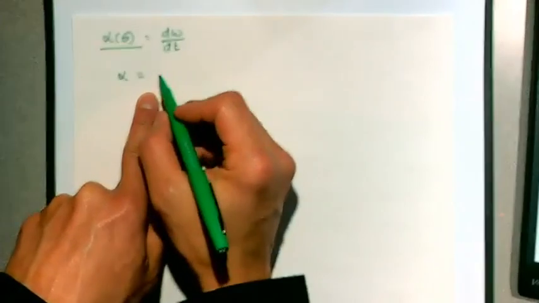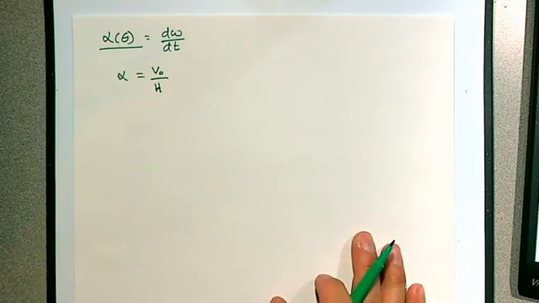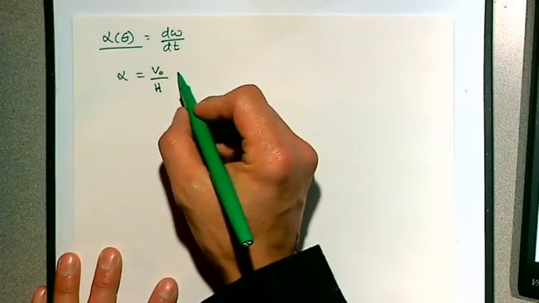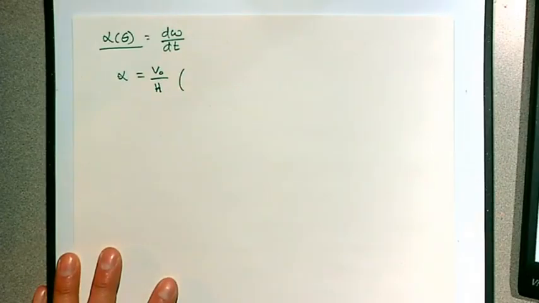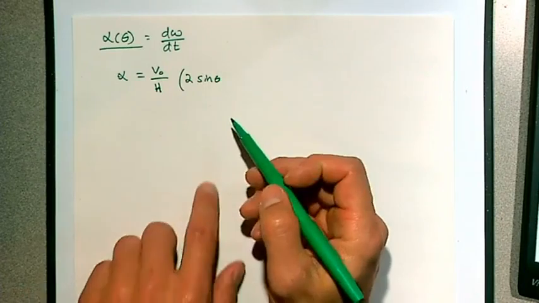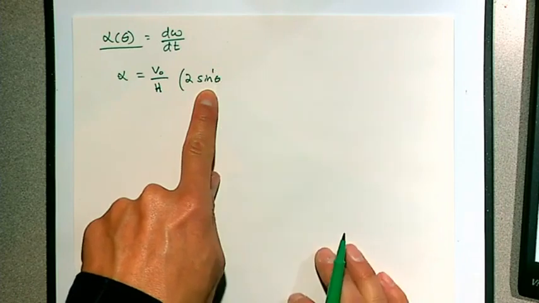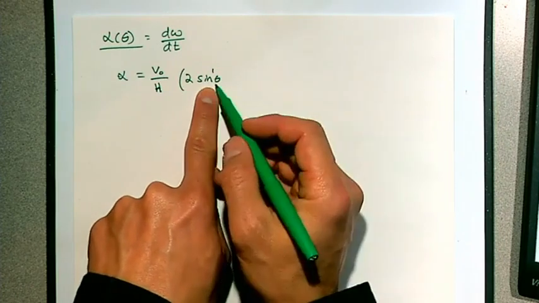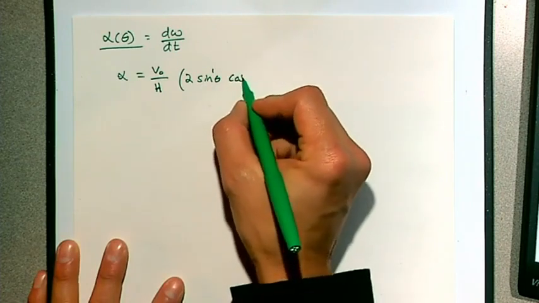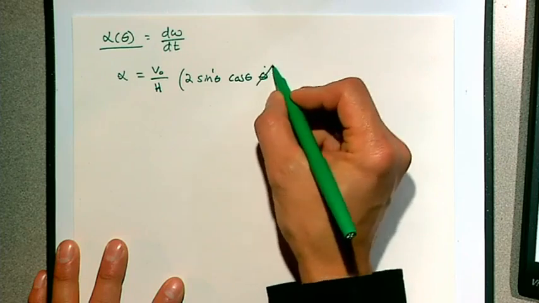It was a constant, so v0 over h is a constant we can pull out. Derivative of sine squared. What is this? So I bring the 2 down, 2 sine theta to the first power now. And then the derivative of sine theta with respect to time, derivative of sine is cosine theta d theta dt, or theta dot, or omega.